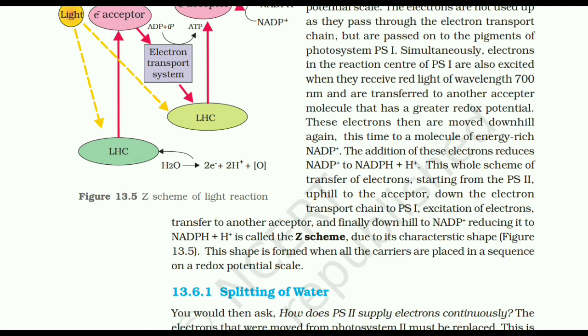This whole scheme of transfer of electrons, starting from PS2 uphill to the acceptor, down to the electron transport chain to PS1, excitation of electrons, transfer to another acceptor and finally downhill to NADP+, reducing it to NADPH plus H+, is called the Z scheme due to its characteristic shape. This shape is formed when all the carriers are placed in a sequence on a redox potential scale.